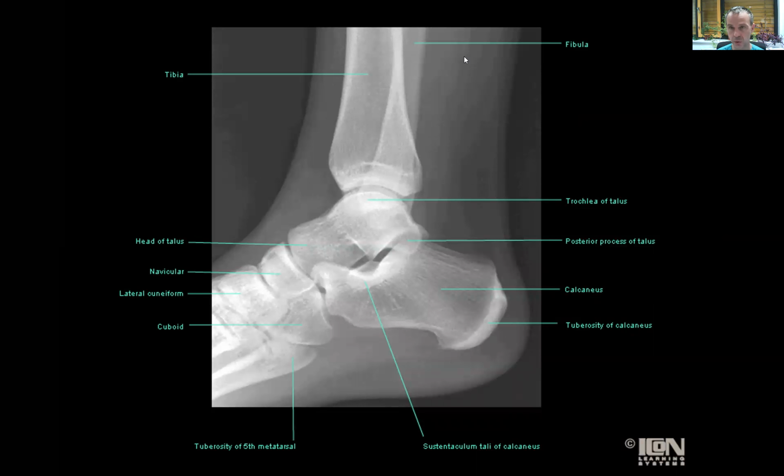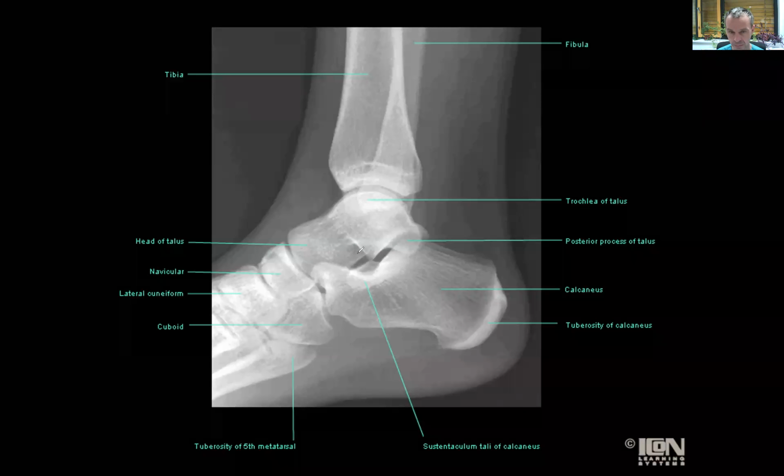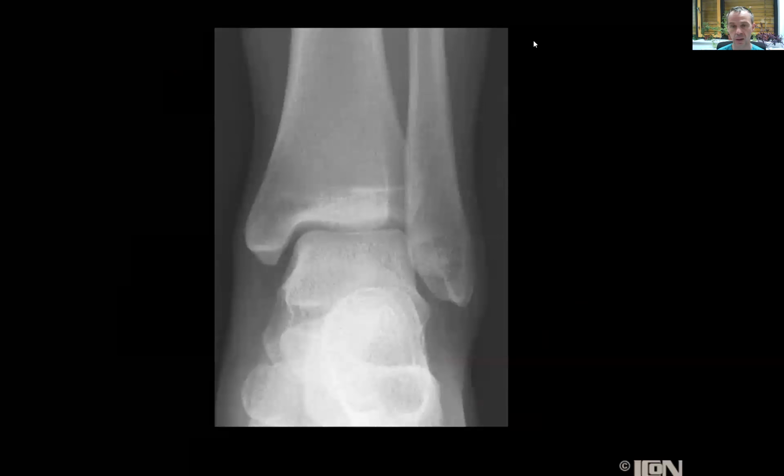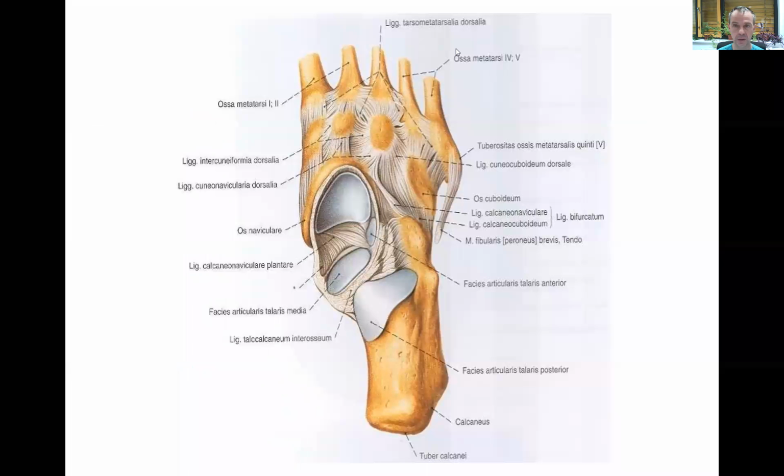We can nicely see the joint here. Posterior talar articular surface of the calcaneus, posterior calcaneal articular surface of the talus. So this is the joint. And this is the sinus tarsi, where we can find the interosseous calcaneal ligament. This figure shows us the posterior talar articular surface of the calcaneus.